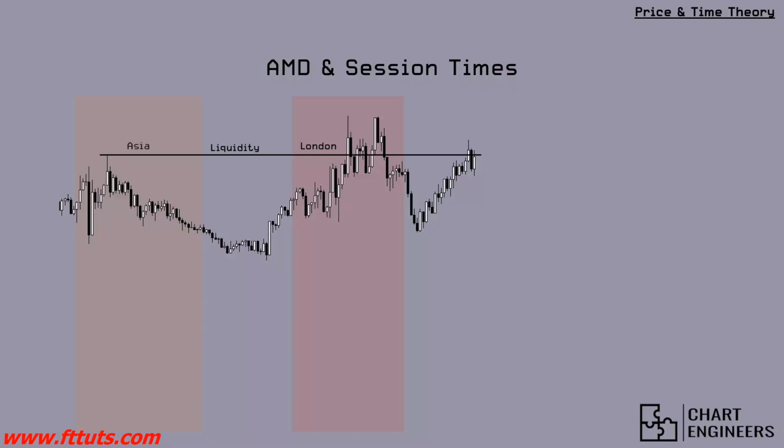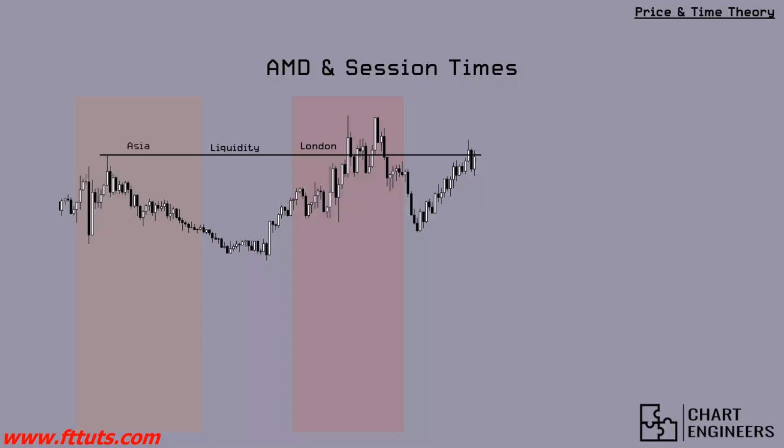So what this means is that all of the retail traders who are shorting during Asia with their stops above the Asia high, that builds a lot of liquidity, and then in London session the institutional speculators manipulate prices higher to stop them out.